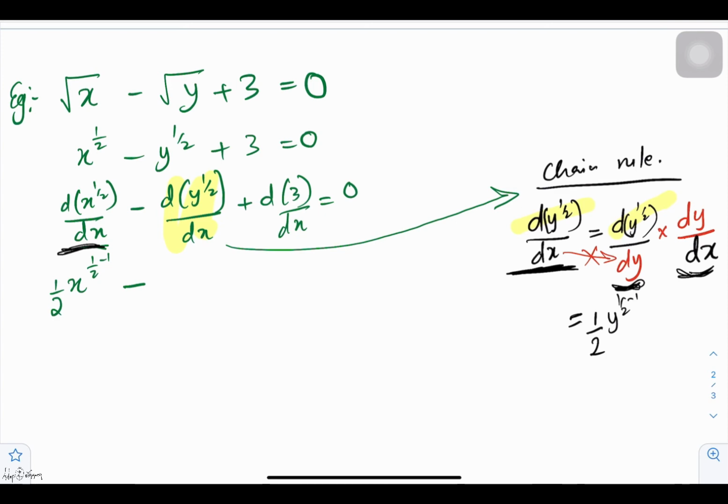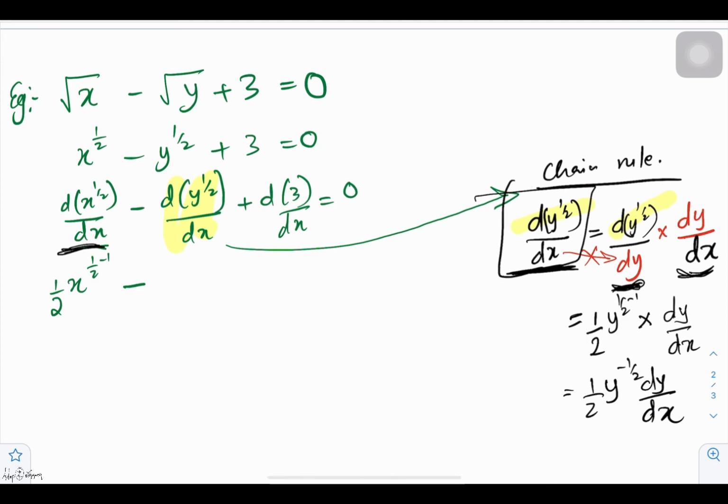So this is the first term, times dy over dx, which I can just keep here, not a problem. So this is equal to 1 over 2 y raised to negative 1 over 2, then we have dy over dx.